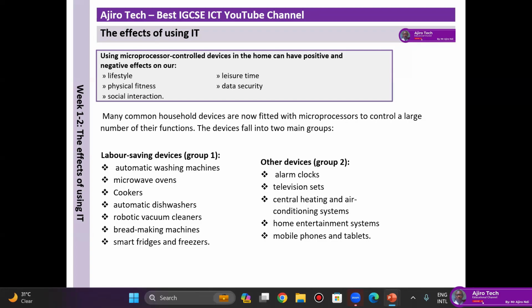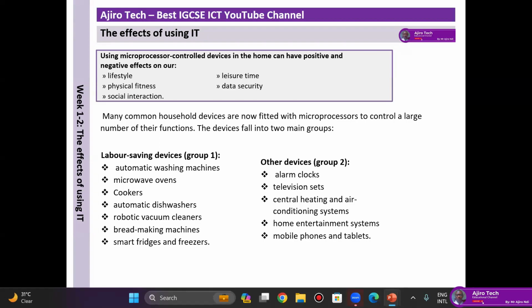The next one is other devices. When we look at other devices, we're talking about alarm clocks, television sets, central heating and air conditioning systems, the home entertainment system, mobile phones, and tablets. So these are the labor saving group and the other group. Remember, many common household devices now have these microprocessors to control a large number of functions, and these devices can be accessed remotely.